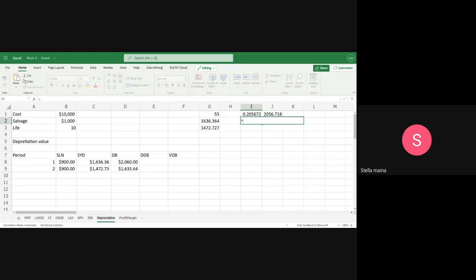So now, to get the second period, we will just subtract from 10,000. I'll say is equals to, in brackets, 10,000 minus J1. I don't know why it's not cooperating.